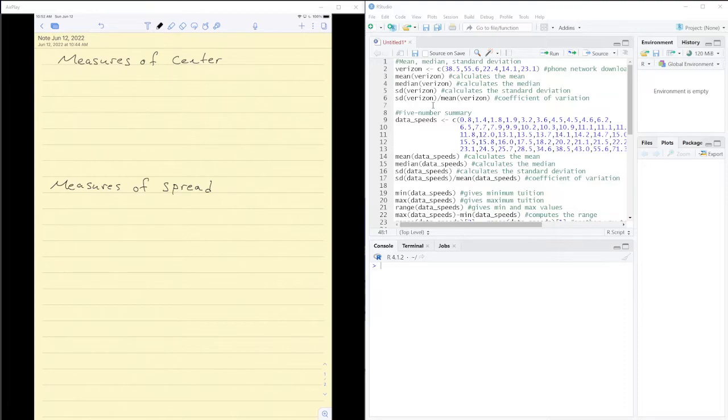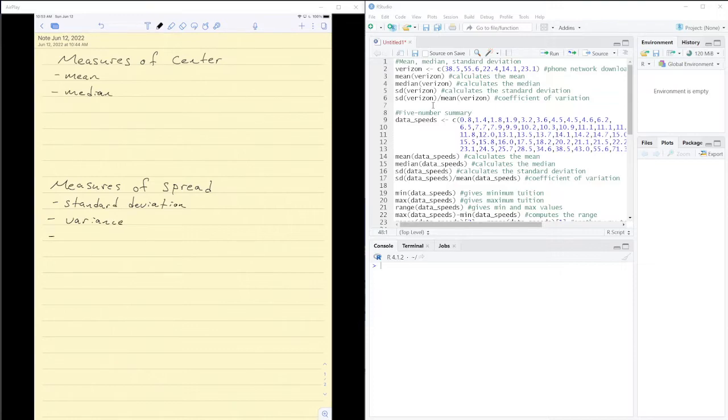So measures of center, different ways we can talk about the center of data. We could talk about something like the mean or the median. Those are the two popular ones there. And for a measure of spread, we have the popular ones being standard deviation, variance.